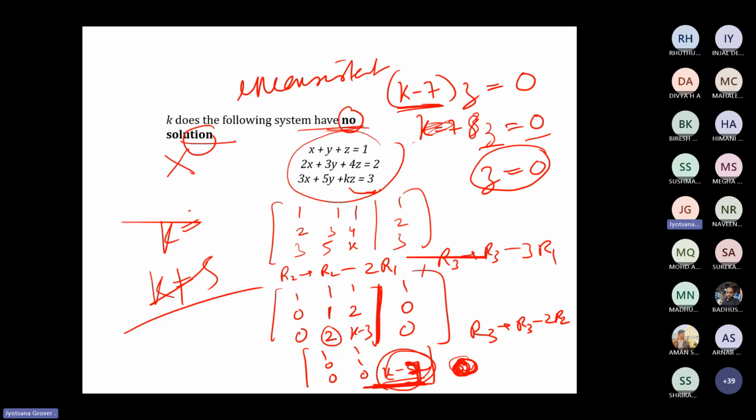So you should say basically k is not equal to 7, because if k is 7, then 0z is equal to 0. That is fine. Here what you are getting is 0 on the right hand side.